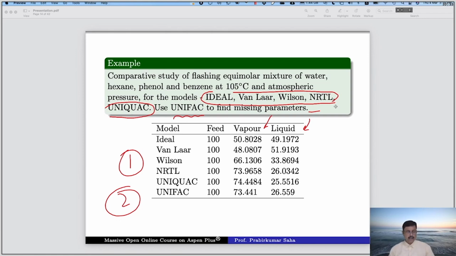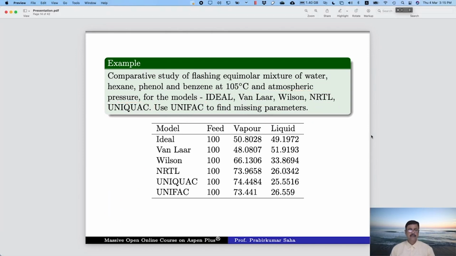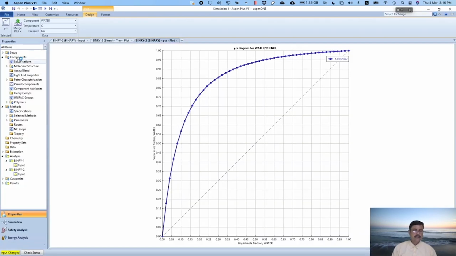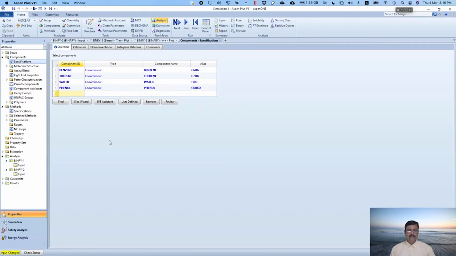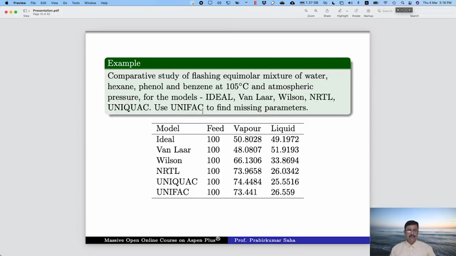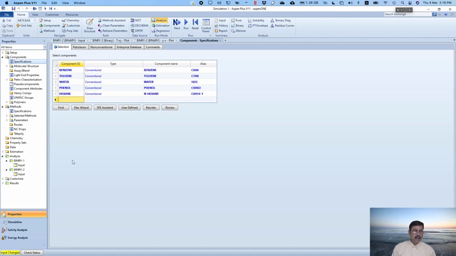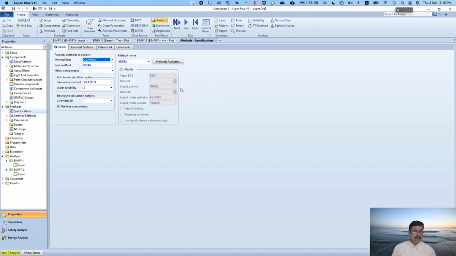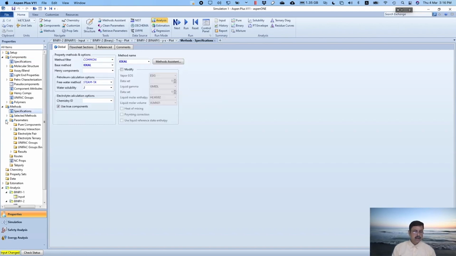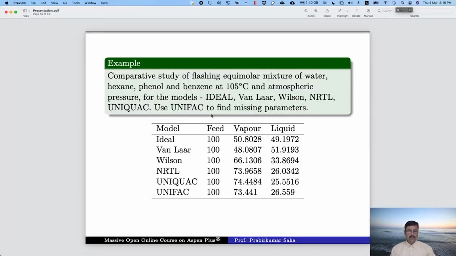Now let us go to the Aspen Plus example. Now in the components, we have to have water, hexane, phenol and benzene. So water, phenol and benzene is there. We have to use hexane. And we'll use first ideal model. So ideal model is already there. What are the models we have? Van Laar, Wilson, inertial, Uniquark.